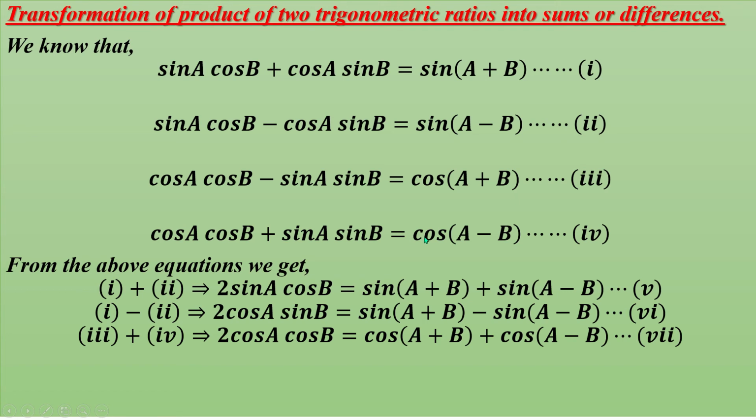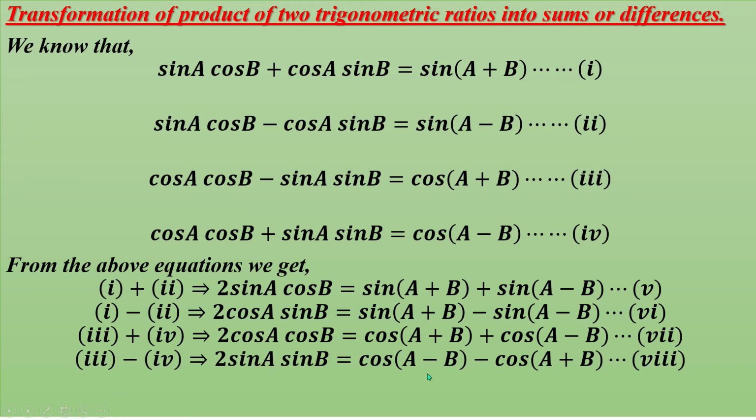As a result, minus into cos(A minus B) minus cos(A plus B). Both sides minus minus cut, we'll get 2 sin A sin B equals cos(A minus B) minus cos(A plus B). Clear? So these are also formulas, and they are important for solving this exercise.